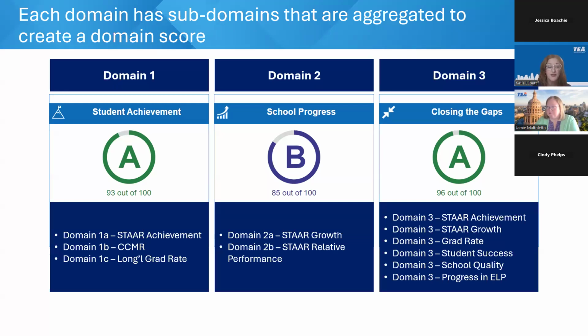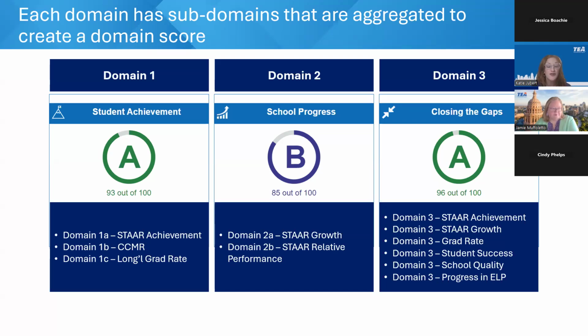In domain 2A, we're looking at STAAR growth, so how much individual students have grown from end of year assessment to end of year assessment. And then in domain 2B, we're looking at the relative performance, so how your achievement compares to other campuses with a similar economically disadvantaged profile.